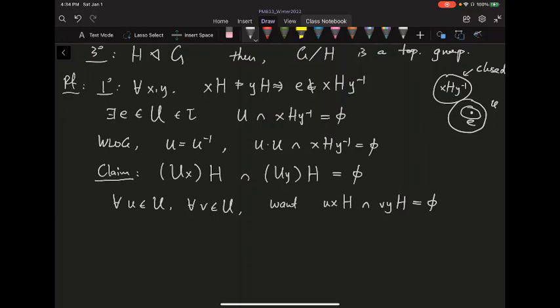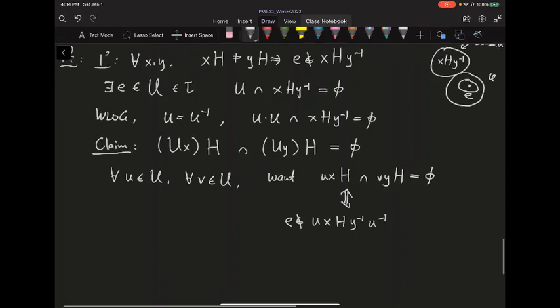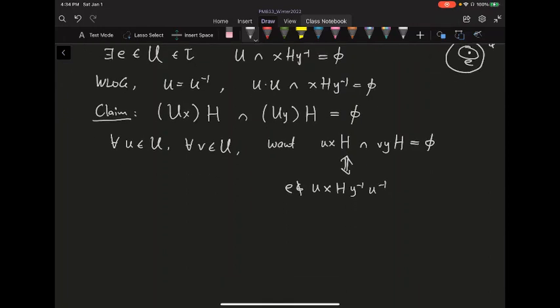And to show that it is empty, I need to show that this is equivalent to saying uxH times vy inverse, so I have y inverse v inverse, does not contain the identity. So the identity is not in there. Well, how do I show the identity is not in there?